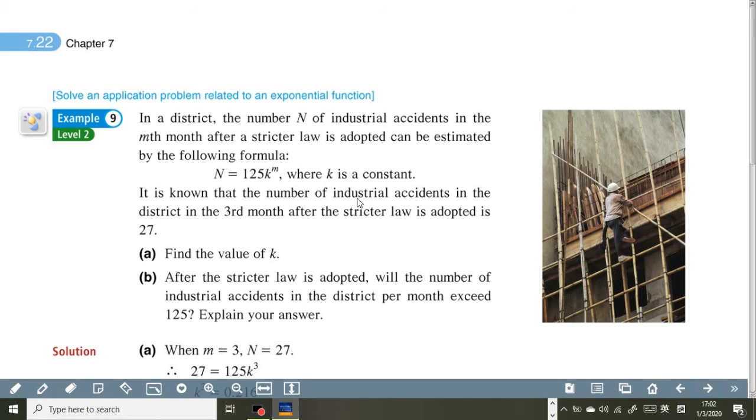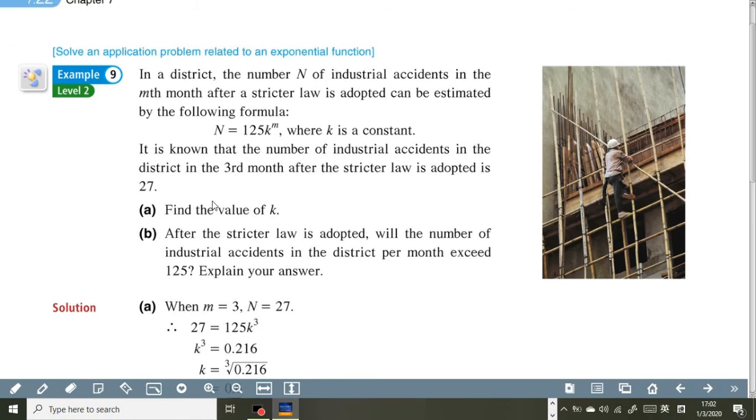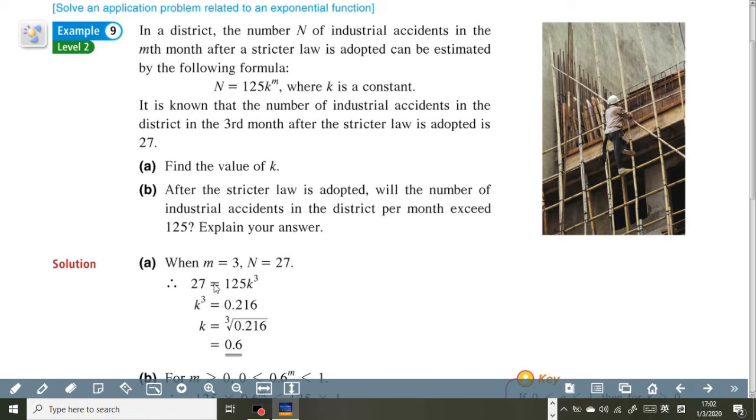It is known that the number of industry accidents in the district in the third month, that means m equal to 3, after the stricter law is adopted is 27. That means when putting m equal to 3, n is equal to 27. So putting the value here, I get k to the power 3 is equal to 0.216.